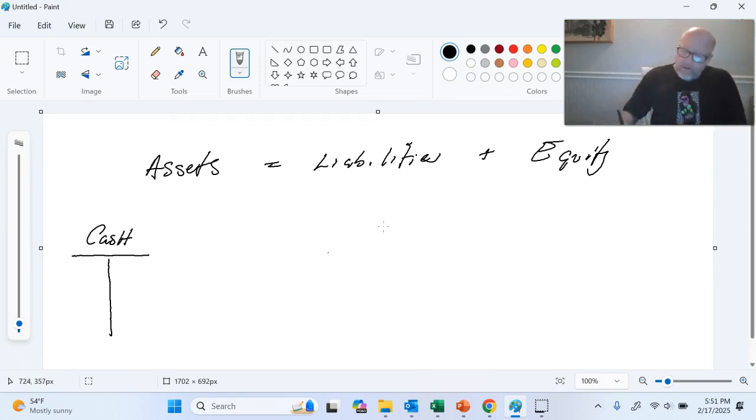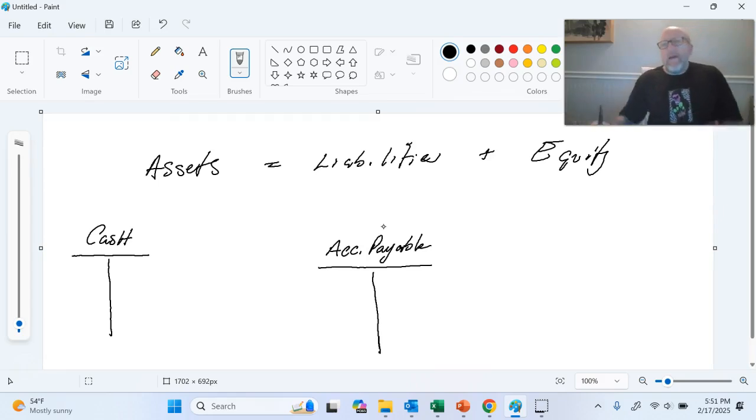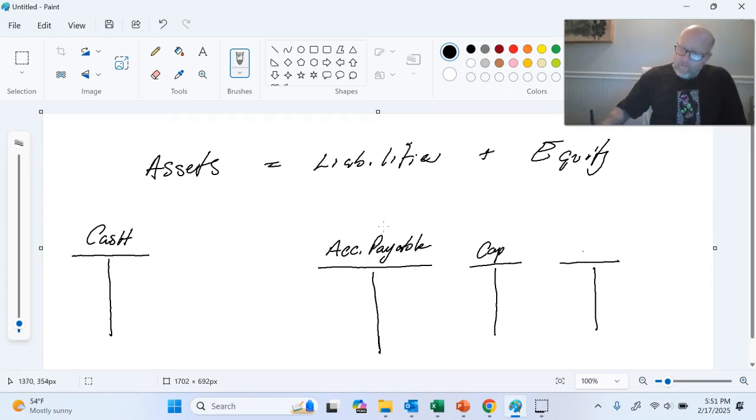Same goes for accounts payable. Accounts payable is a liability, and accounts payable is also going to have a T account. And then I can have, I don't know, capital is another one. Capital could be a T account. And then maybe I can have revenue, and revenue is a T account.